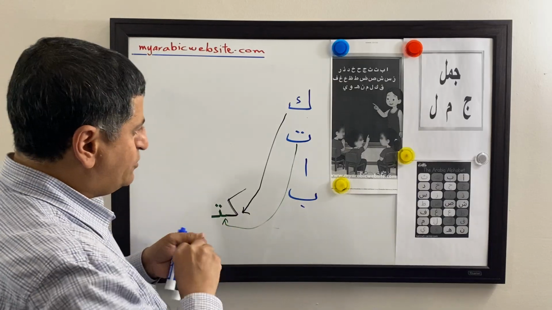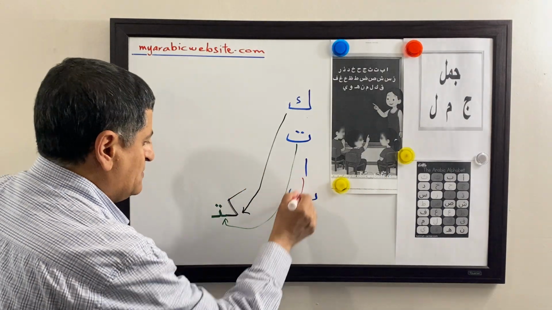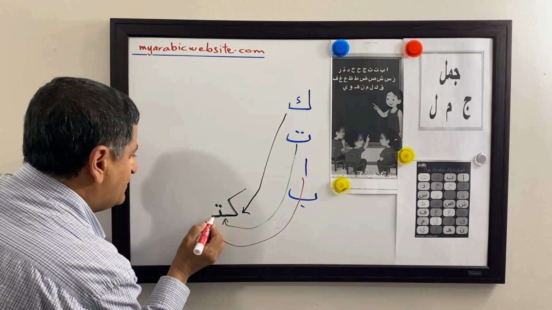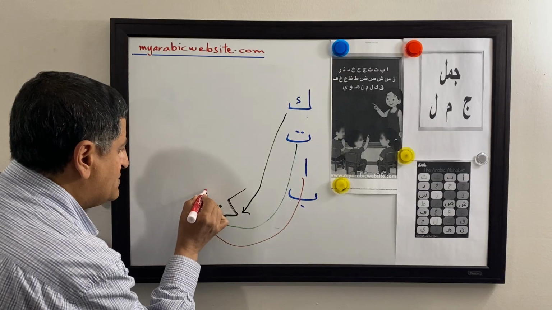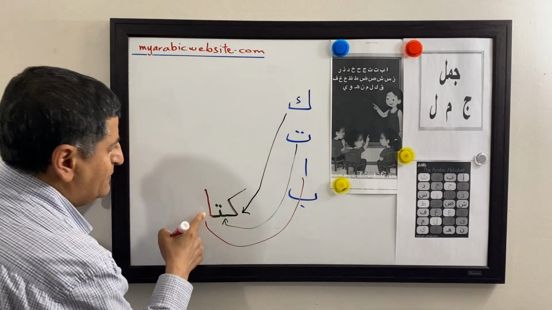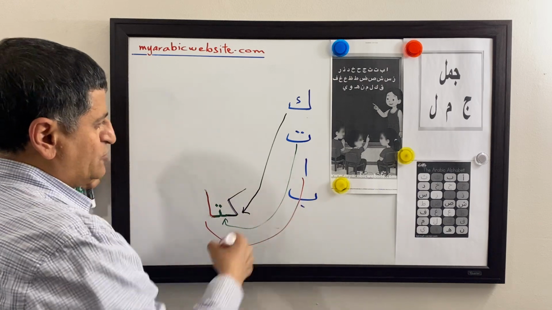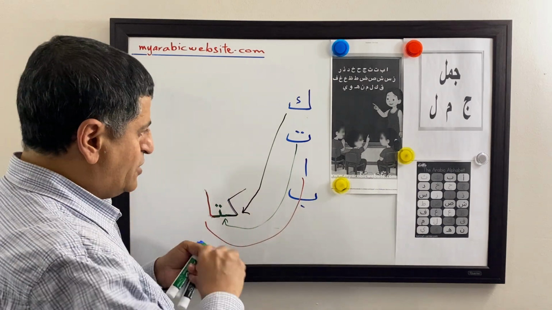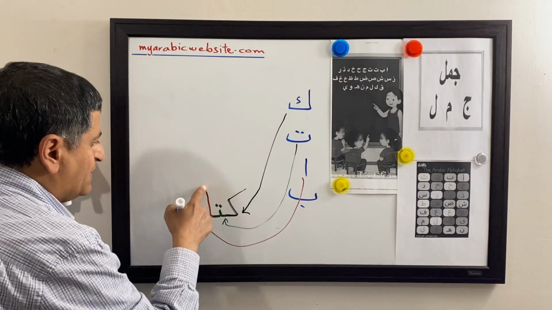Okay, then we do the alif here. I'm gonna do it in this way. Alif. So this is alif. Like that. Doesn't matter if short or long, it's alif. So this is the alif connected. Then we do the last one, ba. The ba will be perfect like that, separate ba.